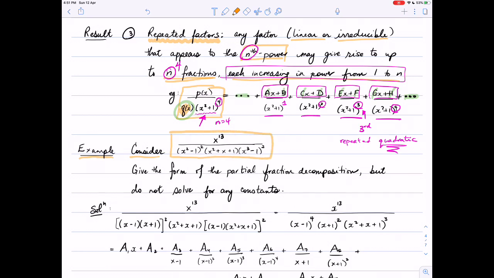So I have x to the 13 over x squared minus 1 squared times x squared plus x plus 1 times x cubed minus 1 squared. Now we are asked to give the form of the partial fraction decomposition, but not to solve for any constants. So we want to give the form only of what the decomposition would look like.